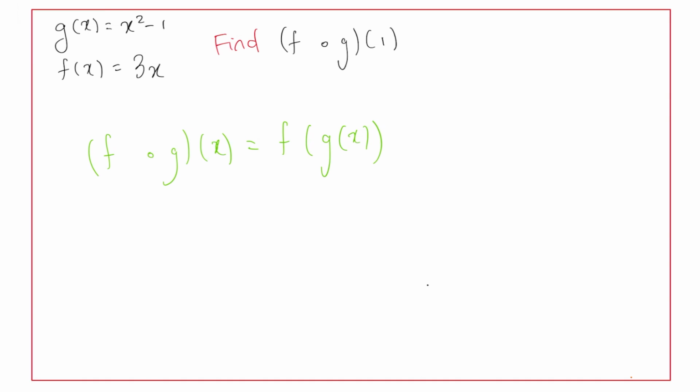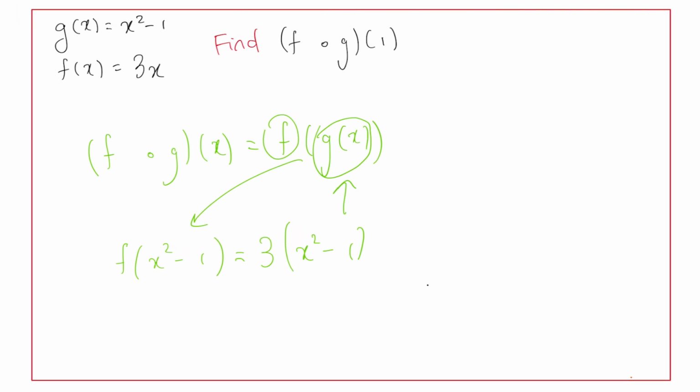Alright, so we know that f is 3x and g of x is x squared minus 1. So all we have to do is plug in g of x into f of x. So that would be f of x squared minus 1, which is just g of x, is equal to 3 times x squared minus 1.